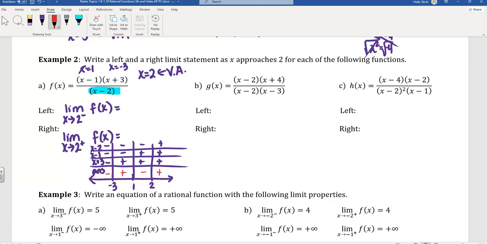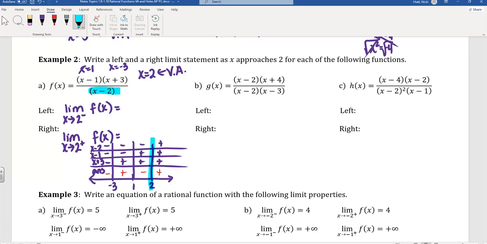Now, unlike the sign charts that we did on the last part, we're not looking for where the graph is positive or where the graph is negative. What we care about is what is happening right here at 2.